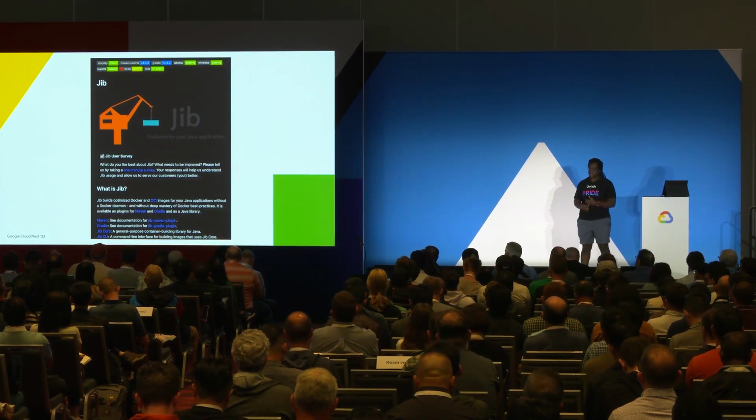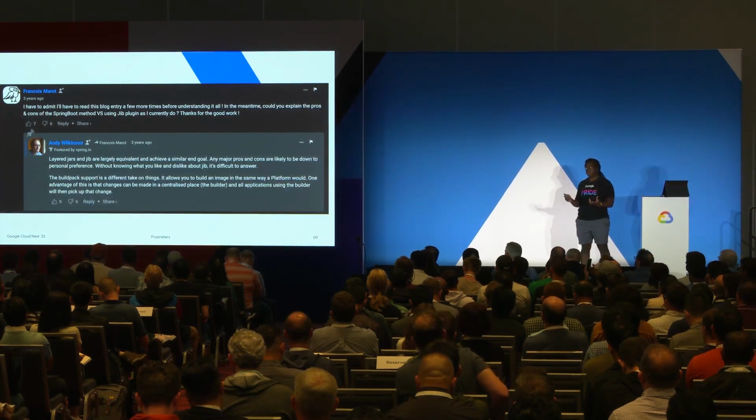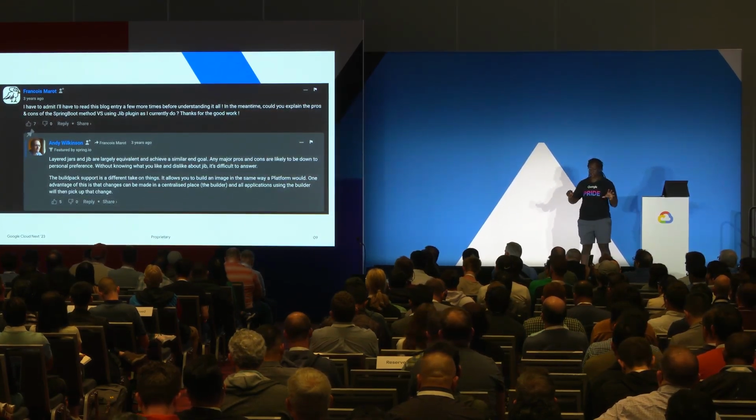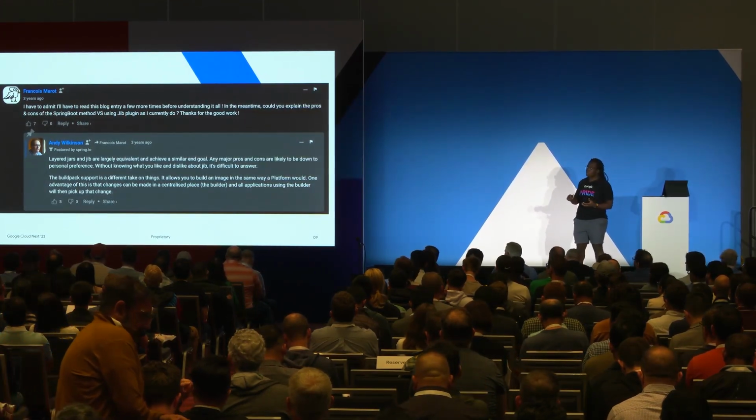It's an open source project, and there are lots of people in the community talking about how it is an option on par with containerization methods like Spring Boot's built-in buildpack support. There's a wonderful article attached to that, available in the slides, from the Spring team.